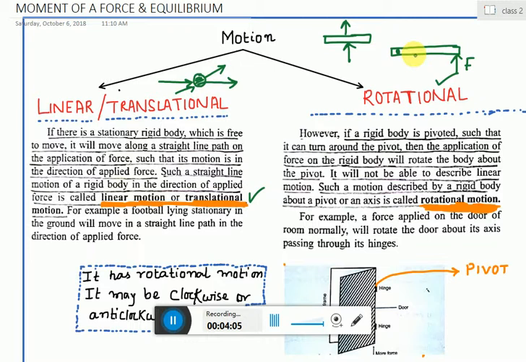But at this moment it is pivoted, so it is not free to move in all directions. So what will happen now? This body is going to have this kind of movement. It will move like this. I hope you are able to trace the motion of the body.